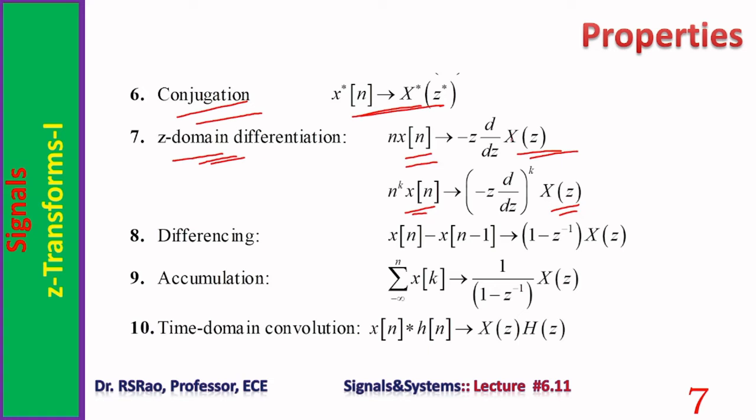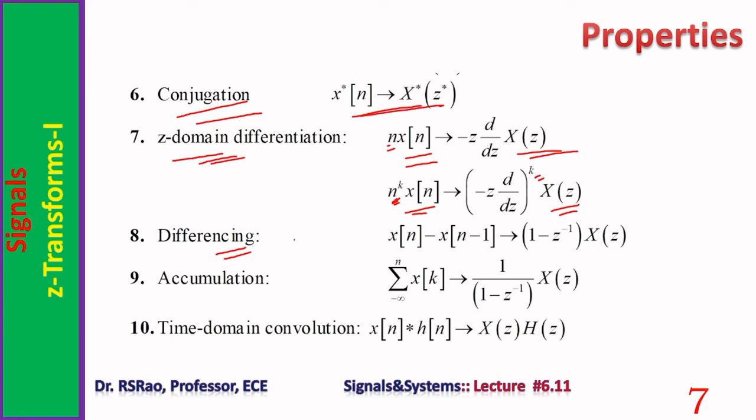Notice differentiation in the frequency domain appears as multiplication in the time domain with n. Here also, differentiation k times in the frequency domain corresponds to multiplication with n power k in the time domain.